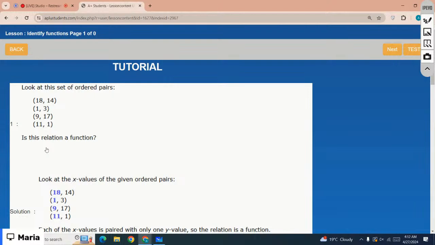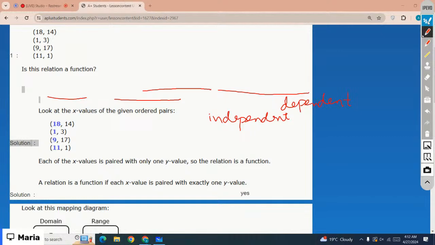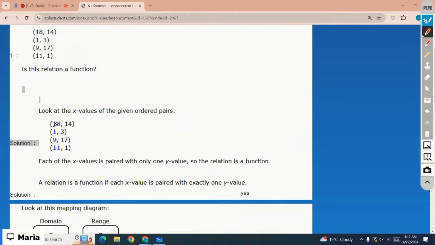So just look at the x values of the given ordered pairs, right? So each x maps to only one y value. You have 18. For 18, you have 14. You have 1, you have 3, 9, 17. Each value of x, you have only one value of y, right? So a relation is a function if each x value is paired with exactly one y value. So yes, that is a function, right?